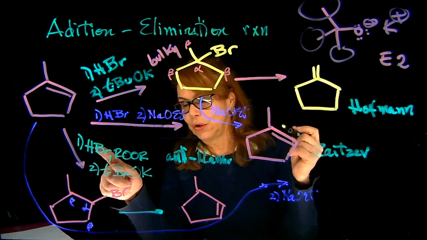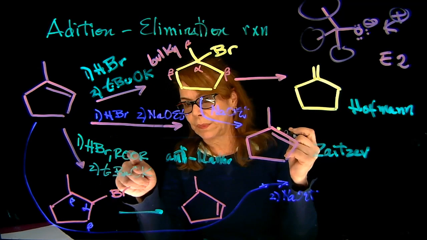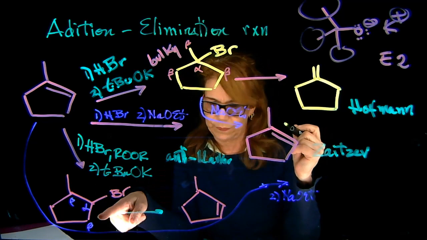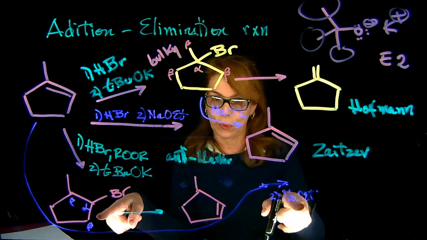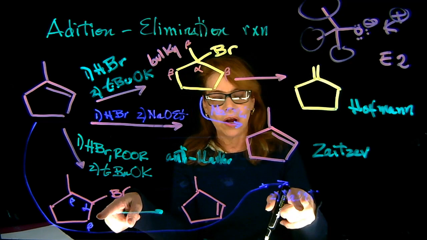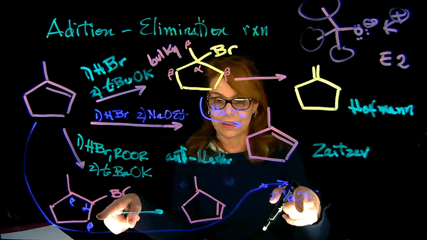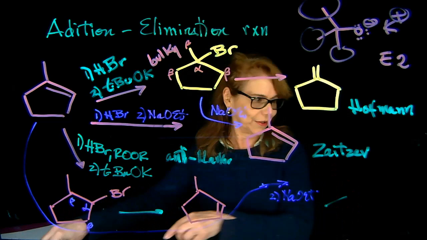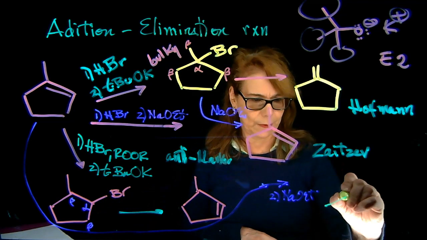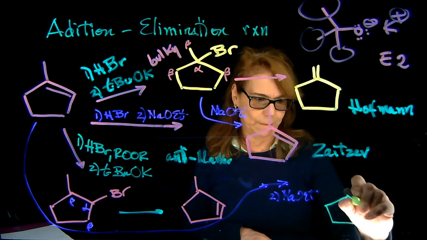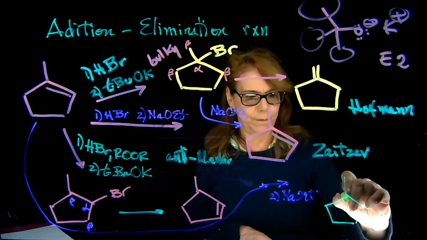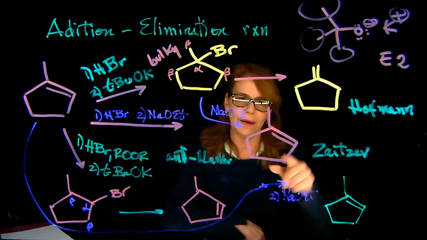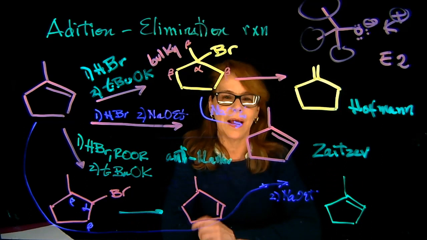If we start using the hydrohalogenation with peroxide, and we start here with that product, and we treat it with sodium ethoxide, now this will form preferentially the Zaitsev product, and that is another alkene. This one. So notice all the products that we have for now, this product is the same as that.